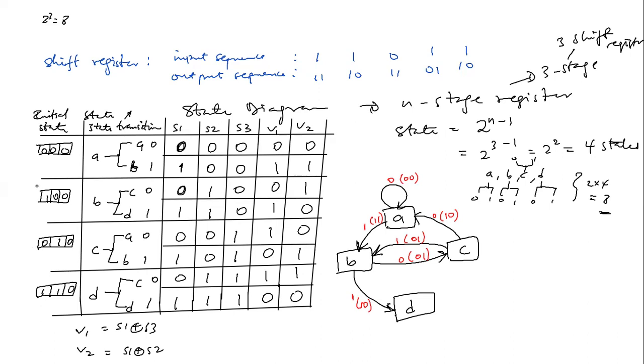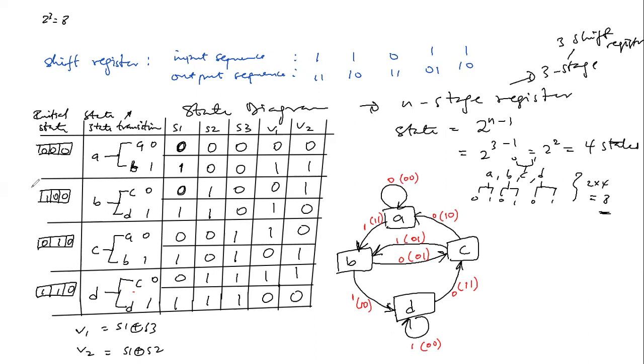Then the next thing here is that from state D, we move to state C. A 0 is emitted. And the output here is 1, 1. And then from state D, we move back to state D. 1 is emitted, and the output is 0, 0.